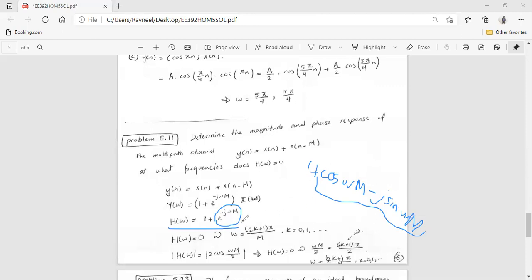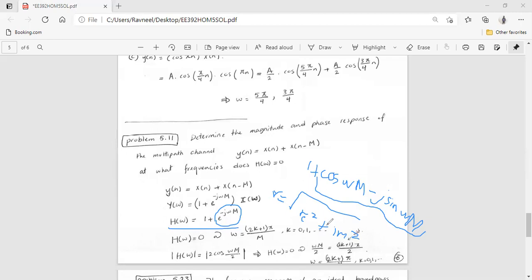In order to find the magnitude response, we evaluate this part, which is written in the Cartesian form of complex numbers. The magnitude R can be given by the root of real squared plus imaginary squared.